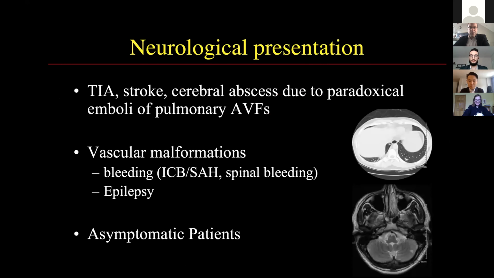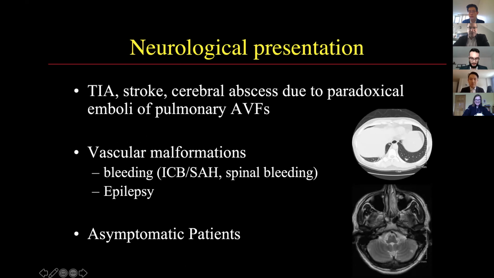Let's talk briefly now about the neurological presentations of patients with HHT. They can present with stroke symptoms, and these are often due to paradoxical emboli of pulmonary AVFs. This is due to the fact that pulmonary fistulas, arteriovenous shunts, are way more common than the brain AVMs.